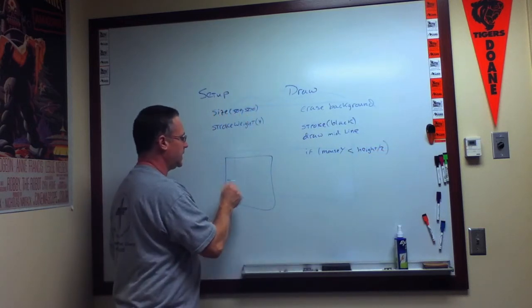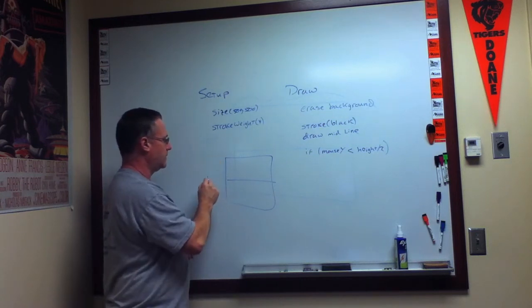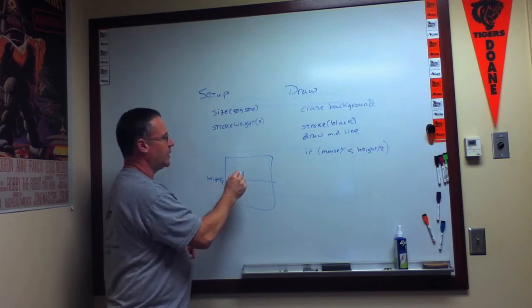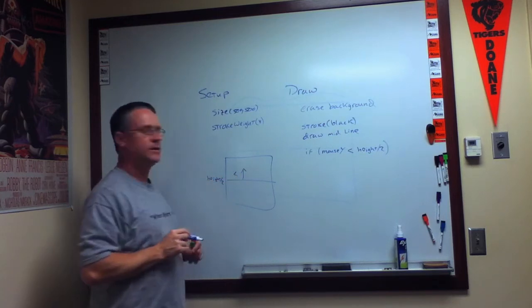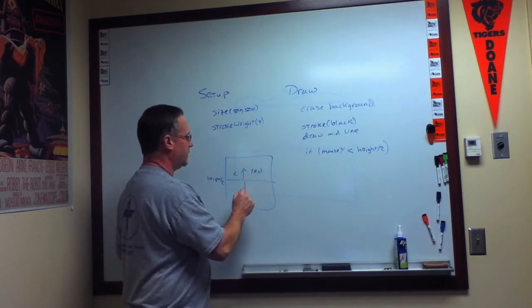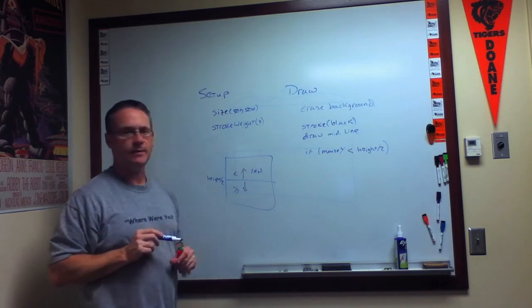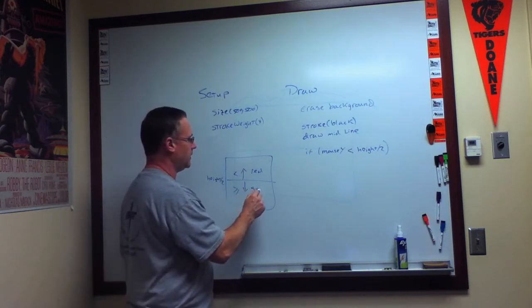If this is my application, there's the midway point. This is half of the way down. So if I'm above here, or less than height divided by 2, that will be my red area. If I'm below that, or greater than or equal to height divided by 2, that will be my green area.